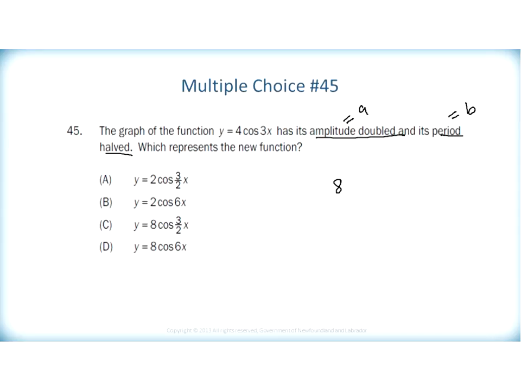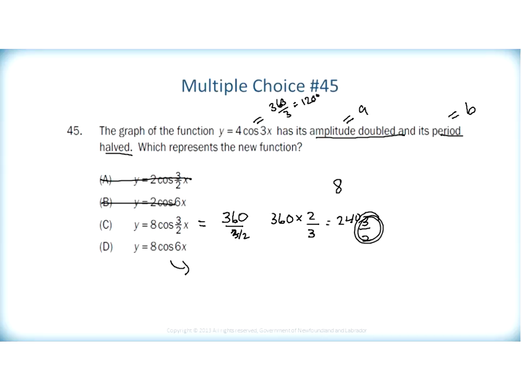If the period is half, let's have a look at this one. The period here would be 360 divided by 3 over 2, which is 360 times 2 over 3, which would give us 240. The period here is 360 divided by 3, which equals 120.